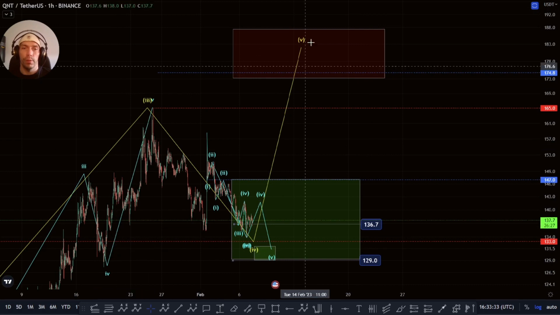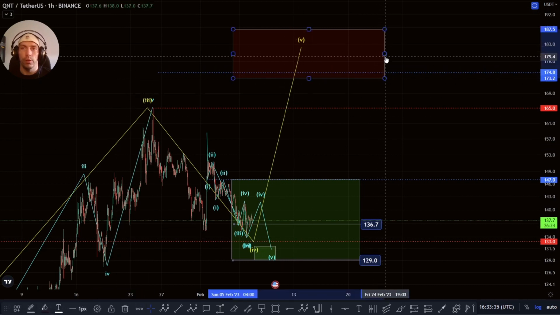If we do get this play out like this, effectively our target zone would be this 187.5 to this 173.2 at the lower end. So this could be a little area we actually look to target out if we do move back to the upside here.